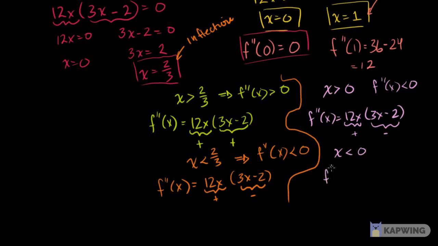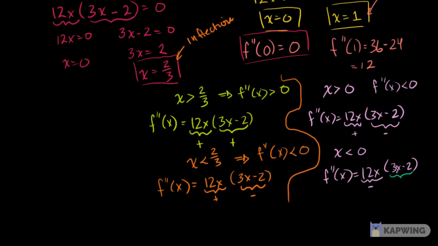So once again, f prime prime, the second derivative of x, is equal to 12x times 3x minus 2. Well, if x was minus 0.1 or minus 0.001, no matter what, this expression is going to be negative. The 12x, you have some negative value times 12, so it's going to be negative. And then what's 3x minus 2?